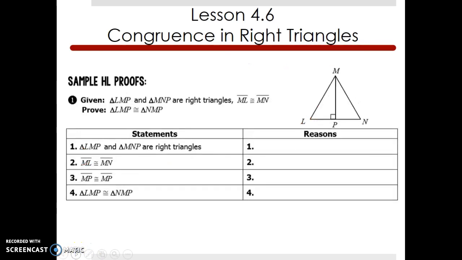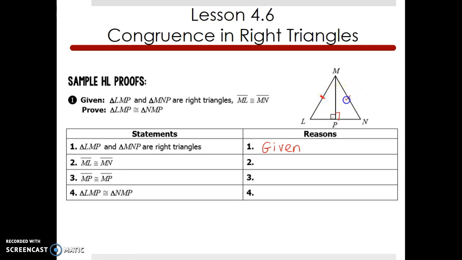So let's try this. Triangle LMP and triangle MNP are right triangles. That's given to us, and it's already marked up for us here too. If you want, you can mark it up here as well. ML is congruent to MN.